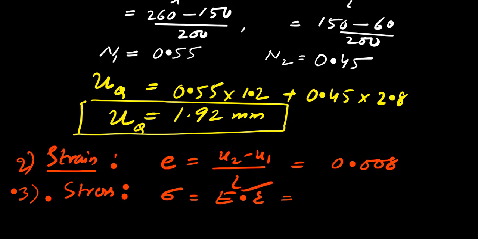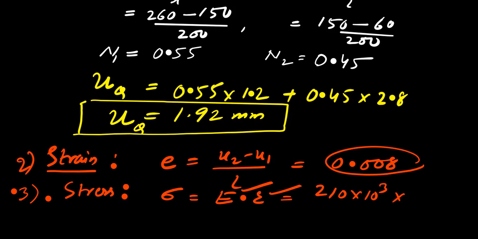Epsilon we just calculated, so just substitute 210 into 10 power of 3 into epsilon value 0.008. So 210 into 10 power of 3 into 0.008, we got 1680. So the stress is 1680, and the unit will be Newton per millimeter square.